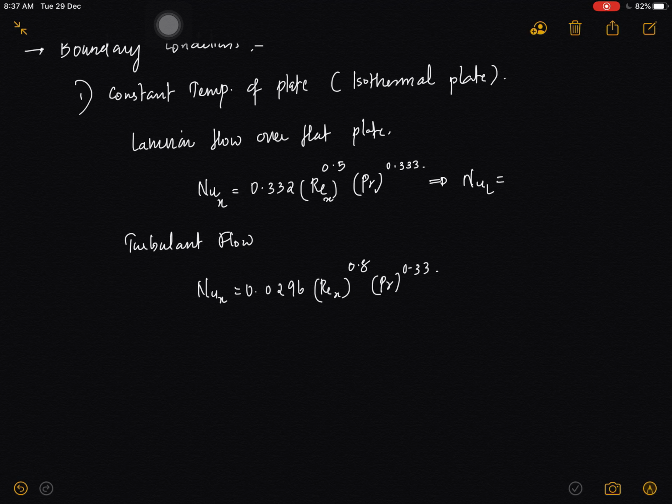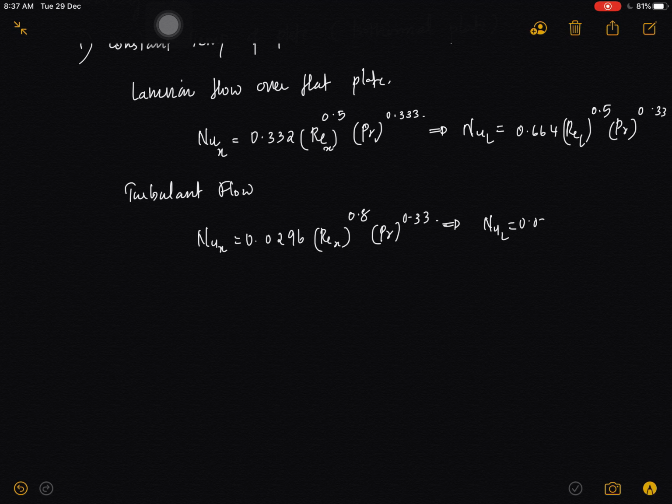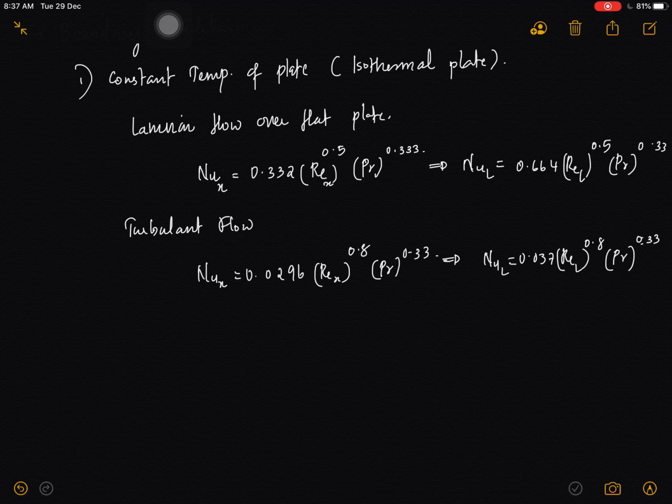And from this equation we can determine the overall or the average Nusselt number value for laminar flow as NuL is equal to 0.664 into ReL raised to 0.5 into Prandtl number raised to 0.33, and for turbulent flow NuL is equal to 0.037 into ReL raised to 0.8 into Prandtl number raised to 0.33.